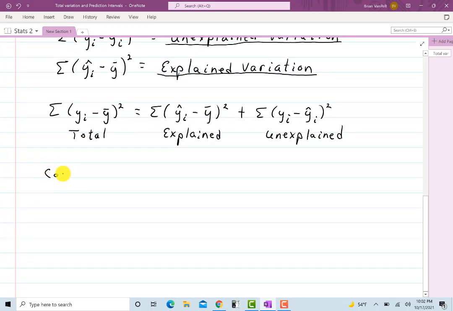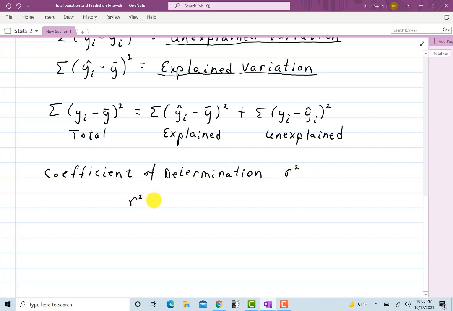Next, we have the coefficient of determination. And that is r squared.